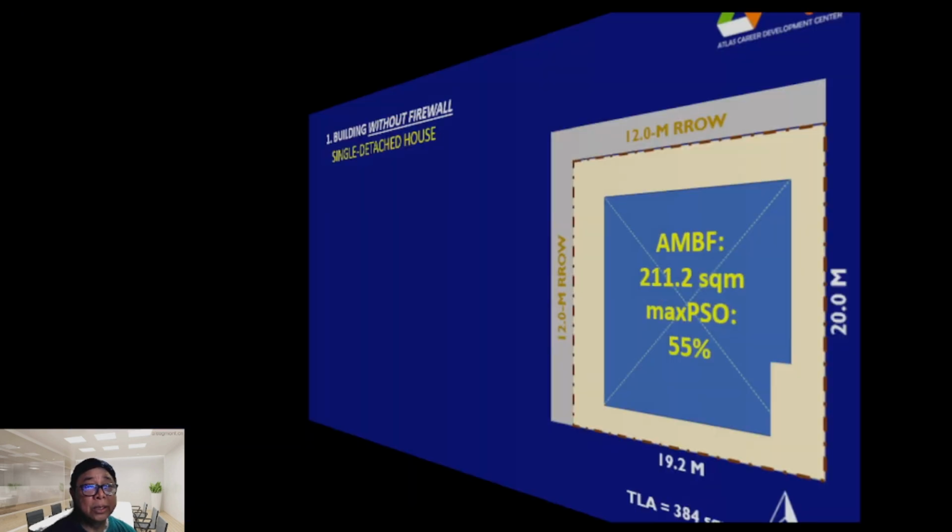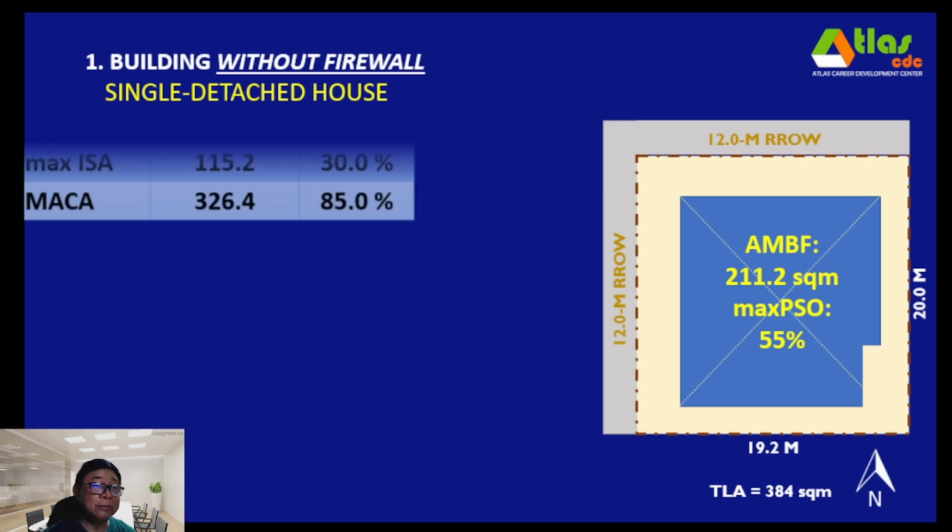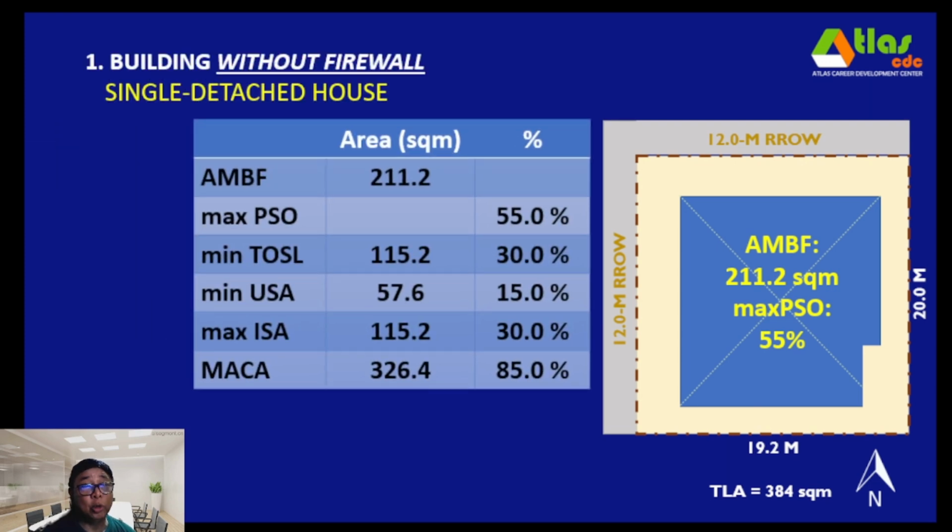So again, we provide this value in our tabulation to complete now the development controls for a single detached house in this particular basic R2 property.